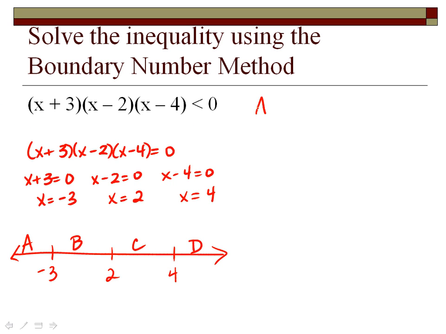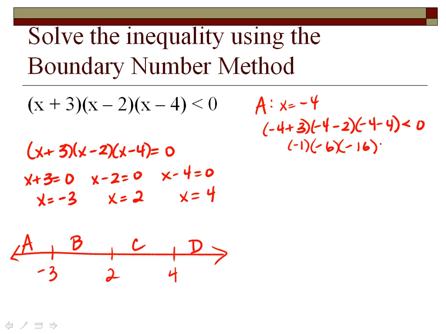So we'd have to test from region A something less than negative 3, let's say negative 4. So we're saying it's negative 4 plus 3 times negative 4 minus 2 times negative 4 minus 4 less than 0. So we get a negative 1 times negative 6 times negative 8.